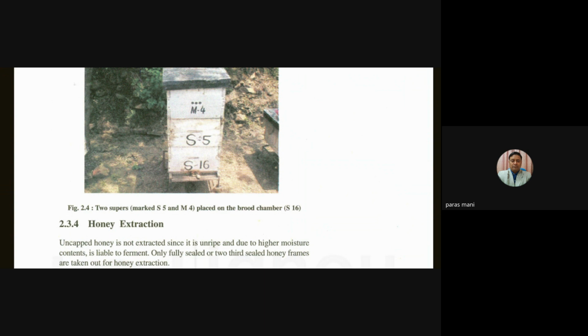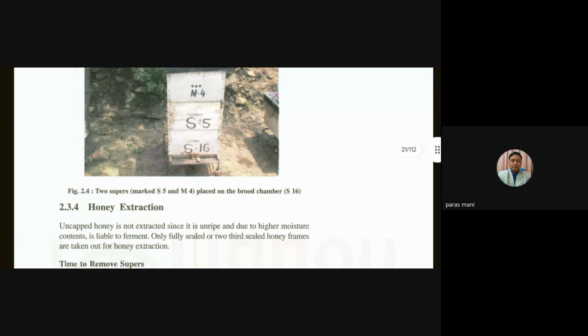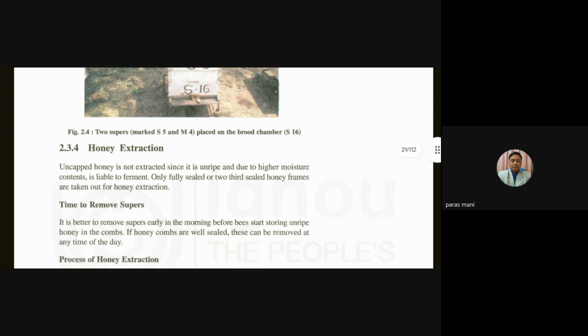And in the case of domesticated bees, Apis cerana and Apis mellifera, it will be lower, up to 18%. Honey with more than 20% moisture is not preferred, and it may be destroyed earlier than honey with lower moisture content.